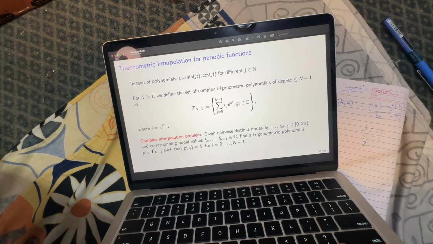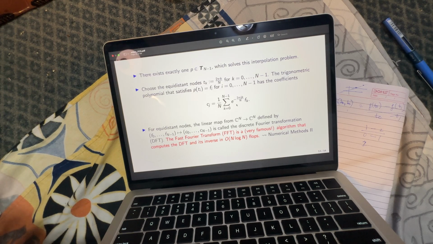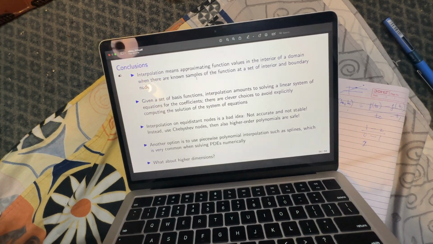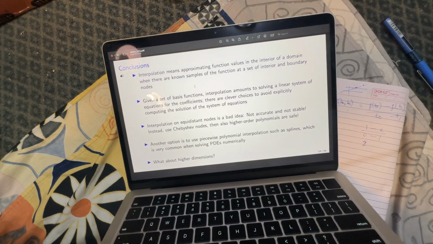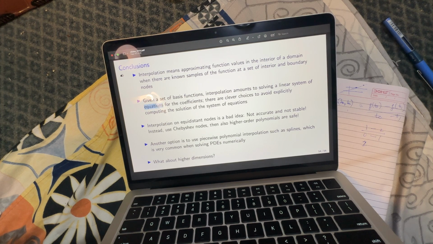Trigonometric interpolation. Interpolation means approximating function values in the interior of a domain where the known samples of a function are given, at a set of interpolation nodes, and amounts to solving a linear system of equations.